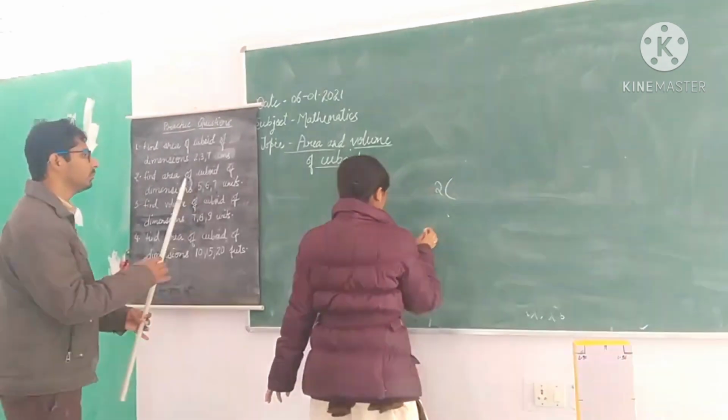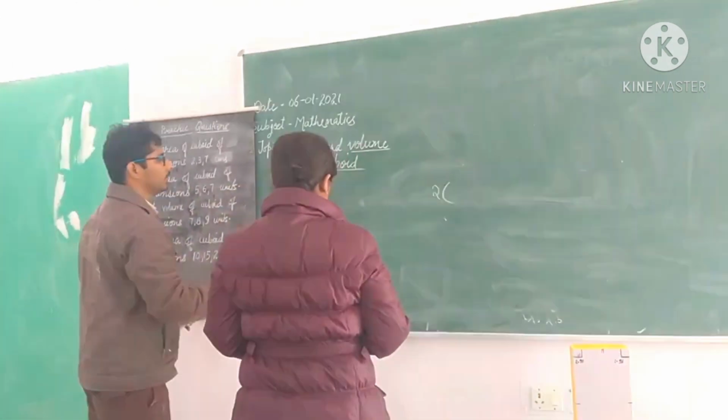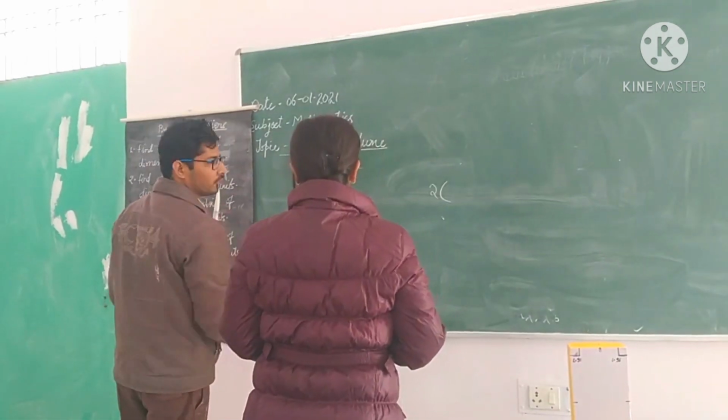You will write the formula: area of cuboid equal to.